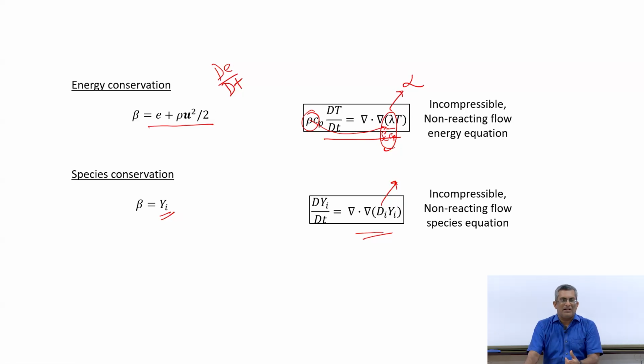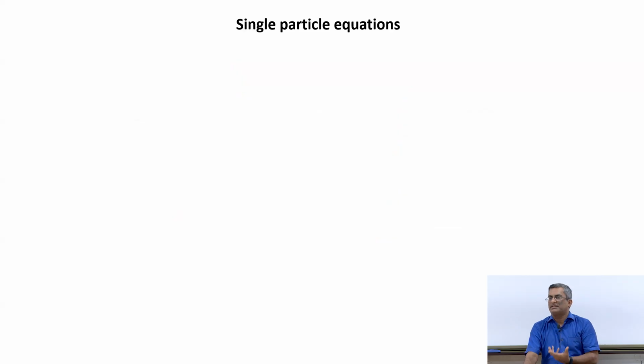Now we will get into our actual business, that is, how do we derive equations for particles, and then we will revisit the equations for the fluid flow with particles. First it is important to consider the equations for a single particle.